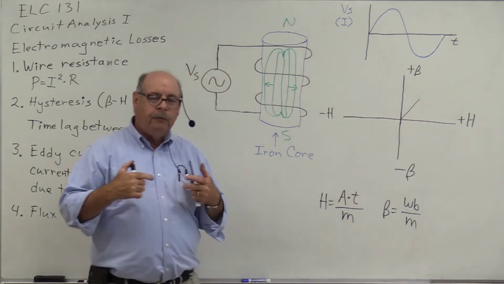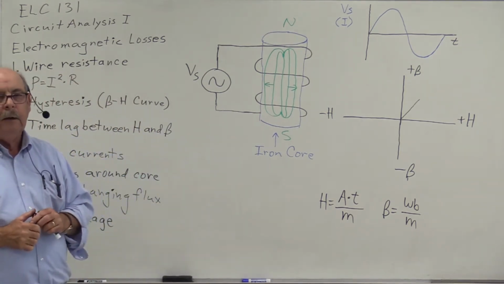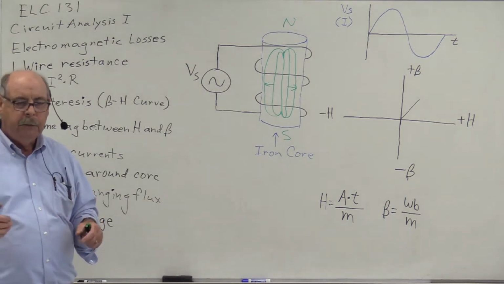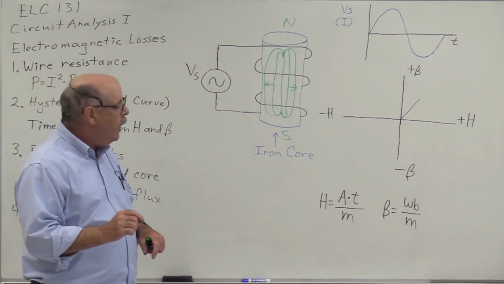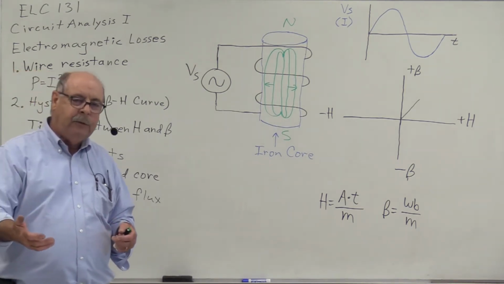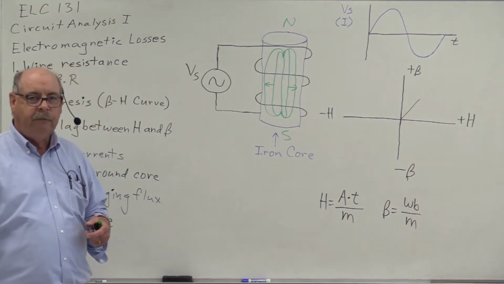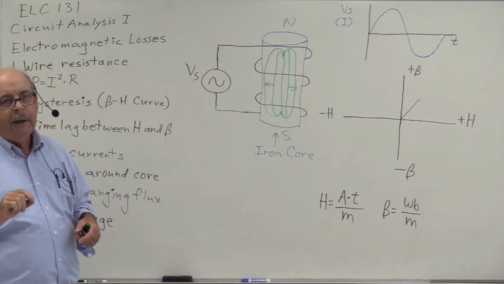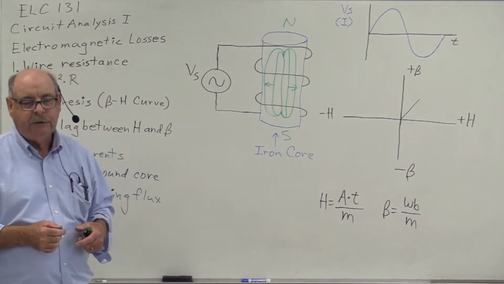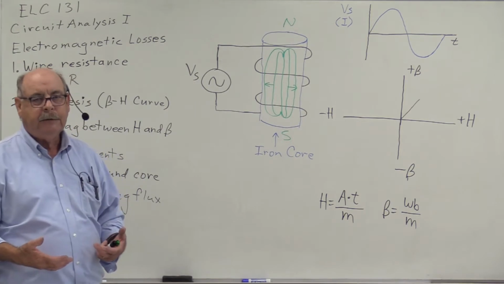However, if you recall from the previous video when we talked about ferromagnetic material and iron in particular, when iron is placed in proximity of flux, a d orbital electron from a lower subshell is pulled up into the valence shell. Its magnetic moment adds to the magnetic moment in the valence shell, and that's why iron is magnetized.